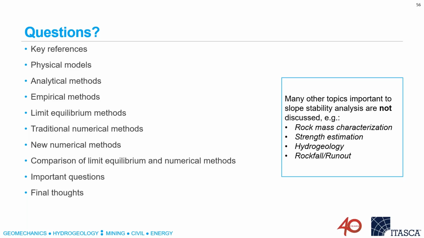Typically we might pull out a cube of material 15 meters on a side, put in all of the components, the joints, and then test it and derive the anisotropic strength, and then put that back into a model which accounts for the anisotropic strength in some way.